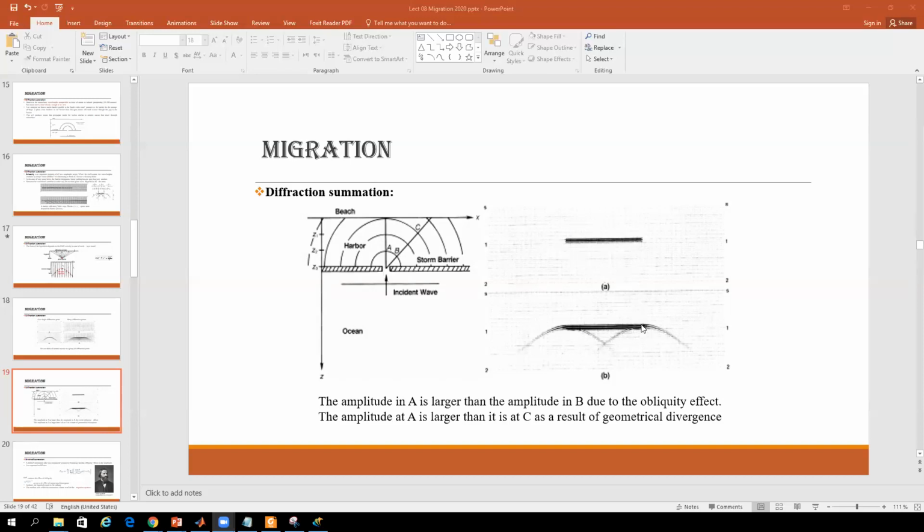We see that we have exactly the same features and character, except at the edges we have diffraction curves. So the migration will try to collapse those points and bring them back to a punctual shape.